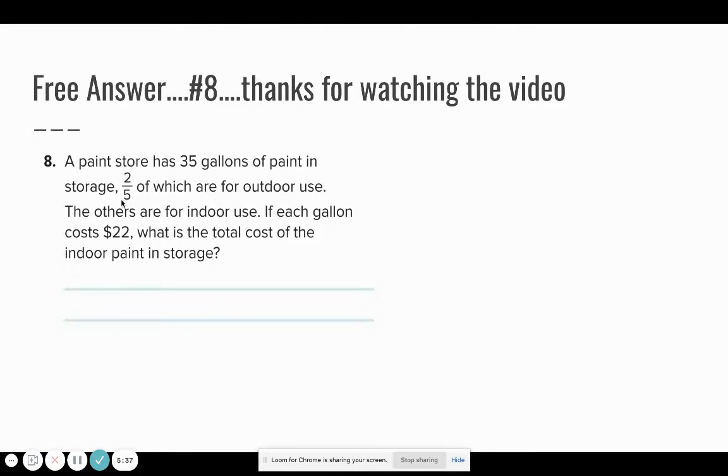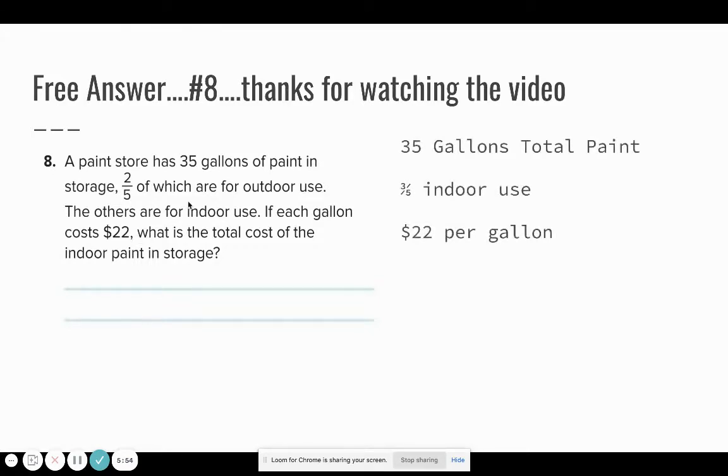Okay, 2/5 outdoor use. The others are indoor use. That means 3/5 are indoor use. Each gallon costs $22.